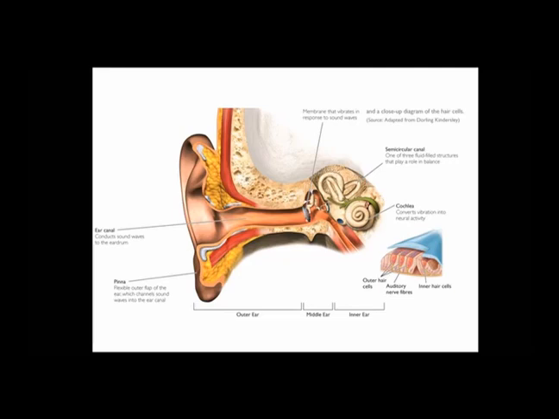So the sound waves aren't traveling through air anymore, they're traveling through these solid structures. And then in our inner ear, we move into this fluidy area of the cochlea that's going to start interpreting some of our sounds. So sounds are traveling differently in all of these different structures.